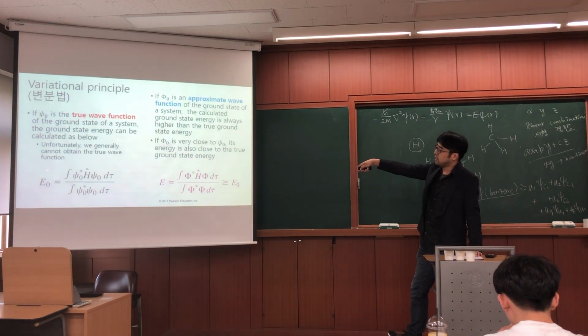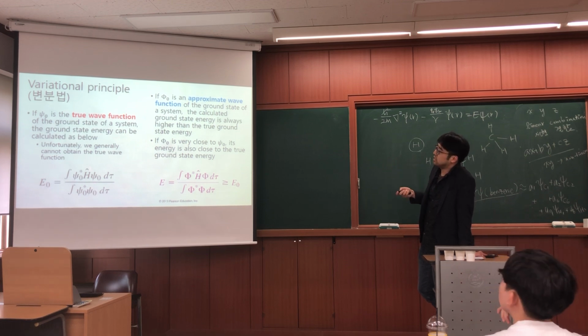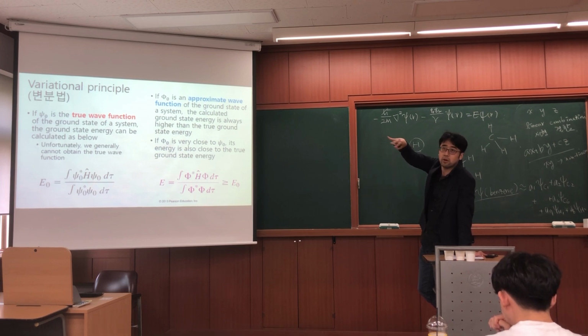Then we can get the true energy of the system, E0, by solving this equation. But as I have mentioned in this class, unfortunately we generally cannot obtain this true wave function, so we use all kinds of approximations.